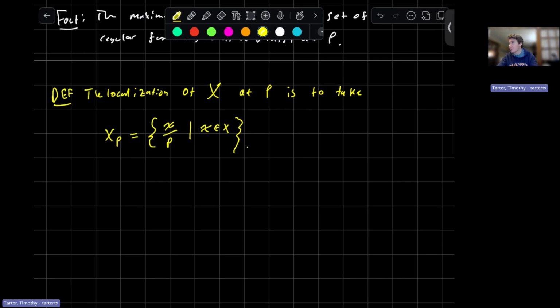So divide where it literally makes sense to, otherwise mod out, quotient out.